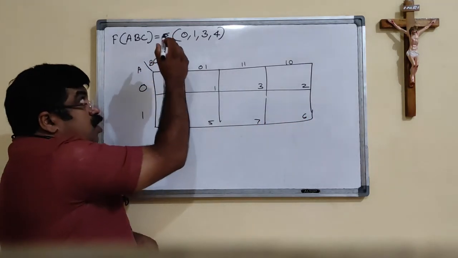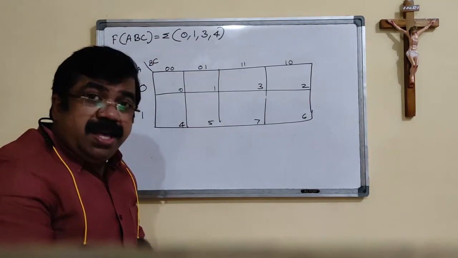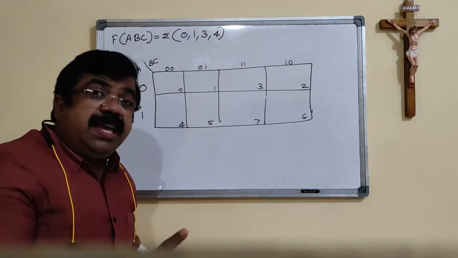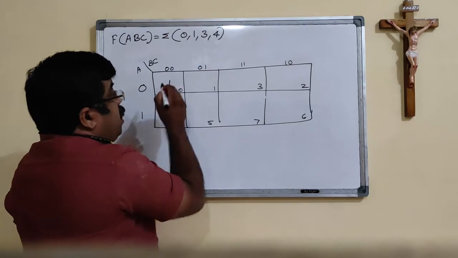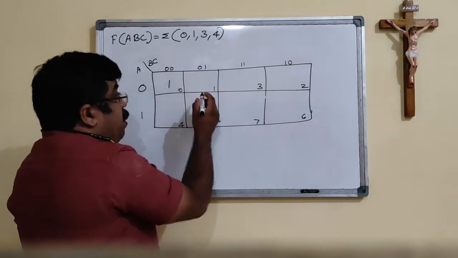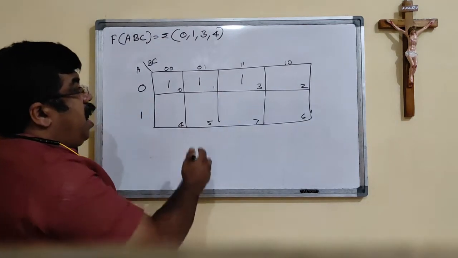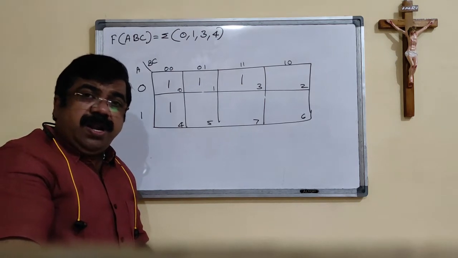Okay, now these squares, these minterms which are represented, are to be filled with the ones. Minterm 0 is filled with 1, minterm 1 is filled with 1, minterm 3 is filled with 1, and minterm 4 is filled with 1.